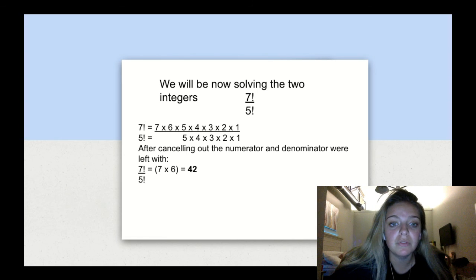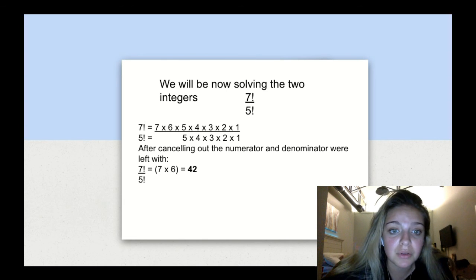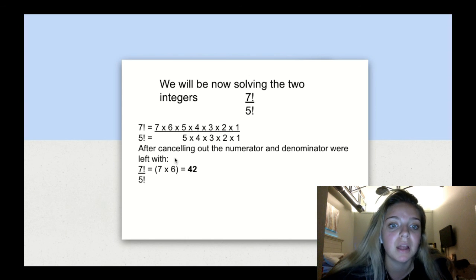When we're finding the factorial for these two integers, we are actually going to be canceling out all the common numbers that they both share. So 1, 2, 3, 4, 5 will be canceled out till we are left with the numbers that 5 does not have, and we will be multiplying those.